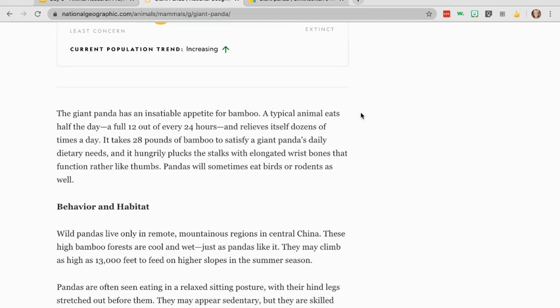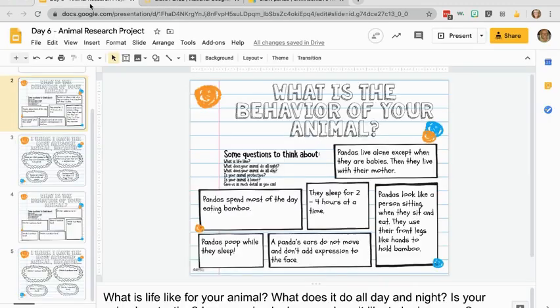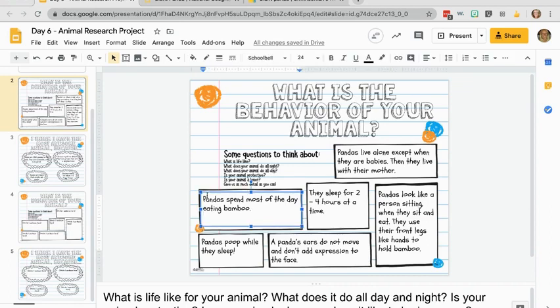A typical animal eats half the day, a full 12 out of every 24 hours, and relieves itself dozens of times a day. Wow. Okay, so during the day, they mostly eat. That's crazy. They spend 12 hours of every day eating. So I'm going to write that. Pandas spend most of the day eating bamboo. That's crazy that they spend 12 hours eating. I can't imagine.